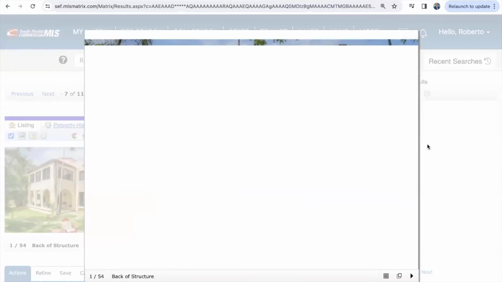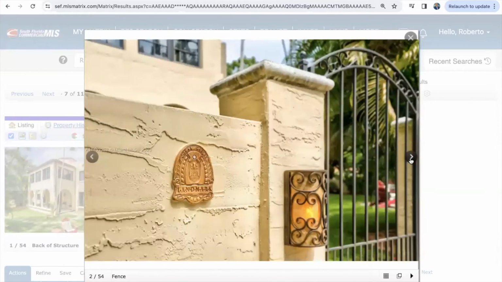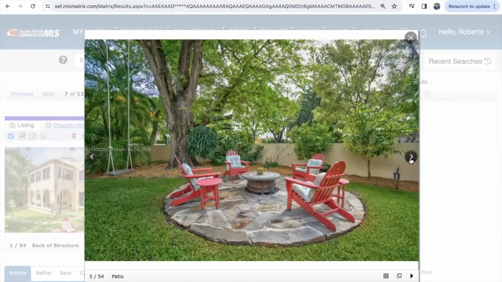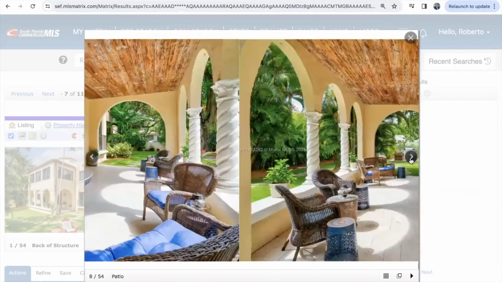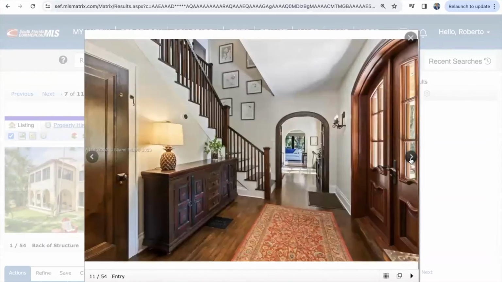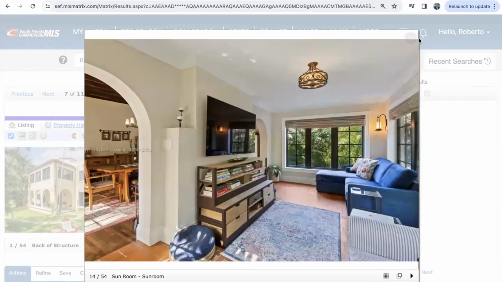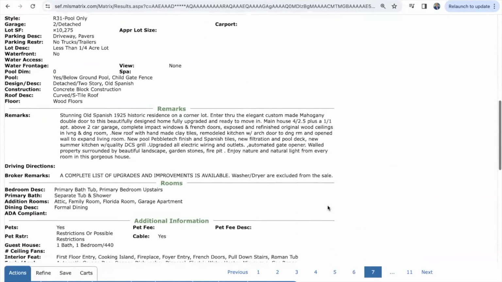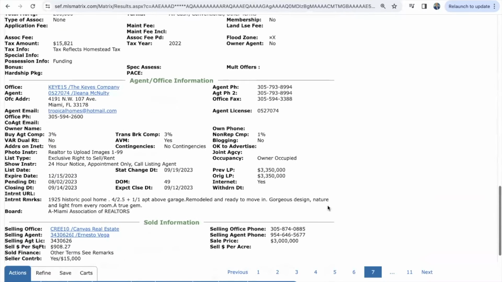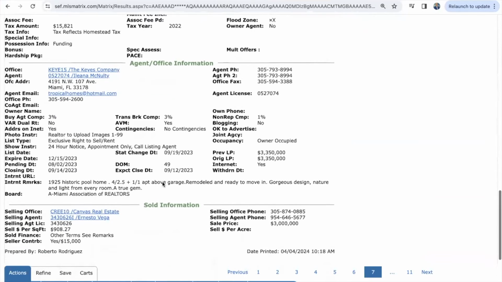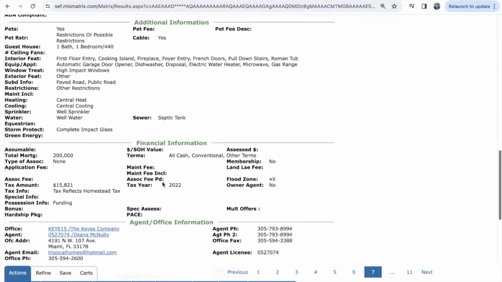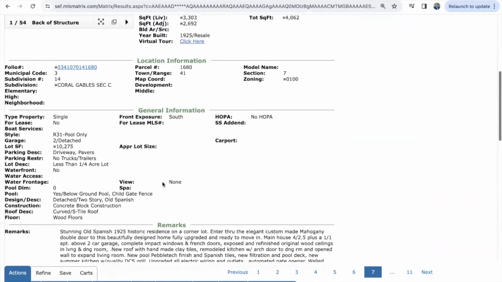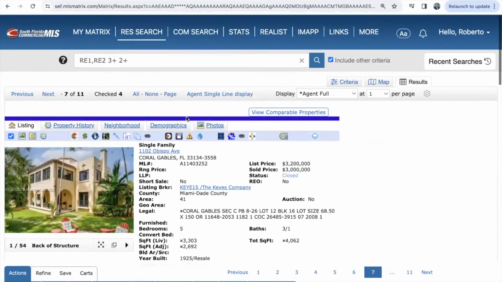Okay. So this one sold for $3 million and they were asking 3.2. Once again, it's an old Spanish, right? And it sold within the last year. You're going to see it down here. And it sold in 49 days. Okay. All right. So let's go back over here.